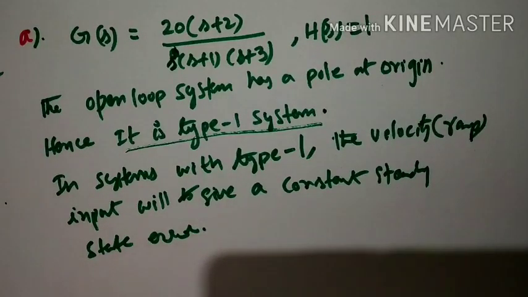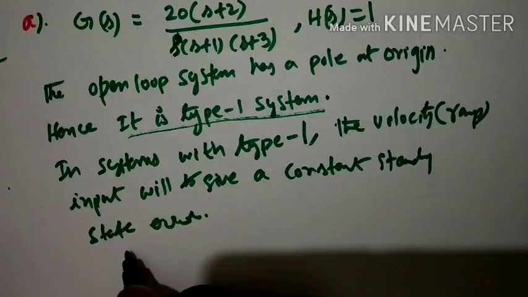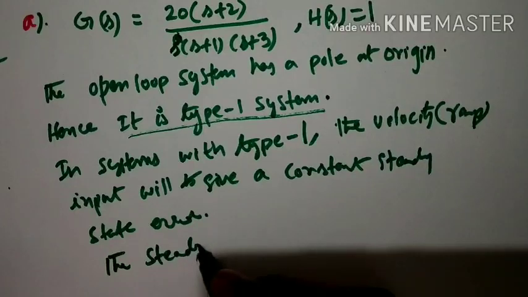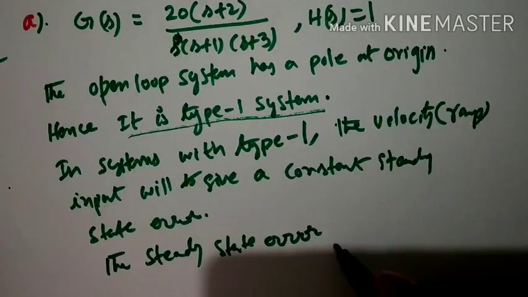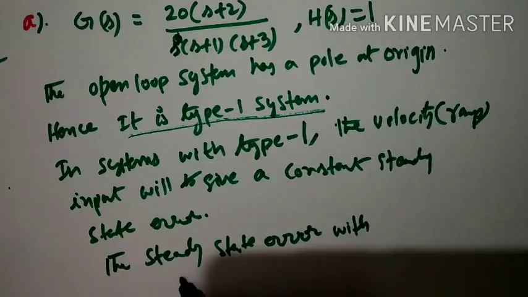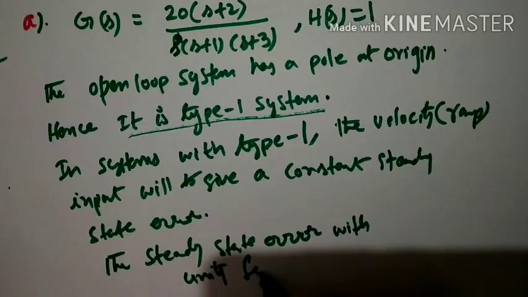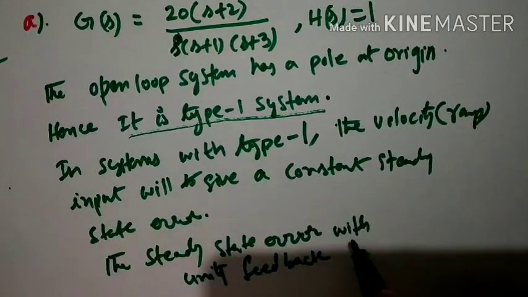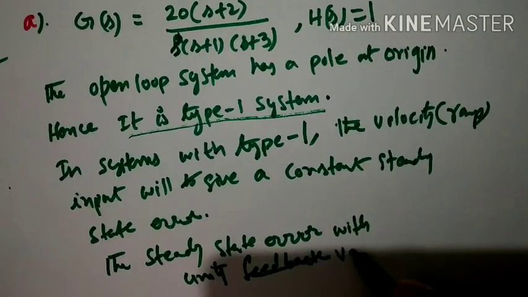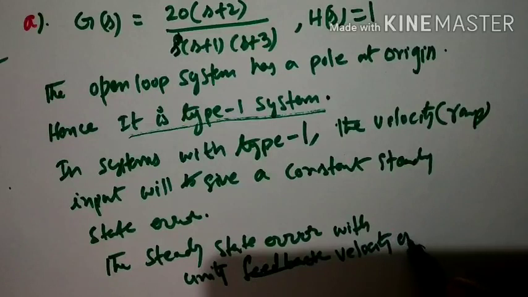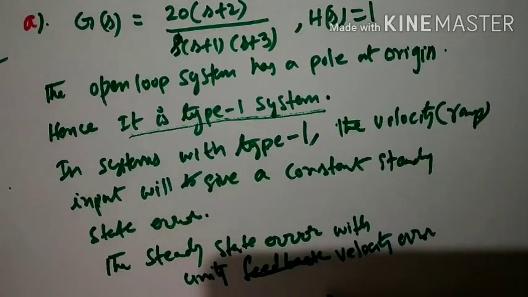What is the steady state error with the unity velocity input? That is ESS. So I am writing here, the steady state error with unity feedback for velocity input.